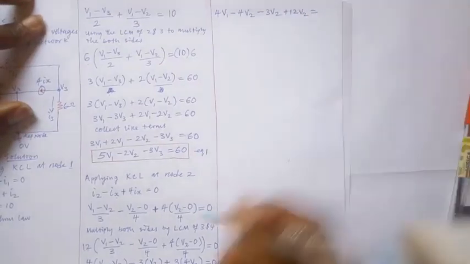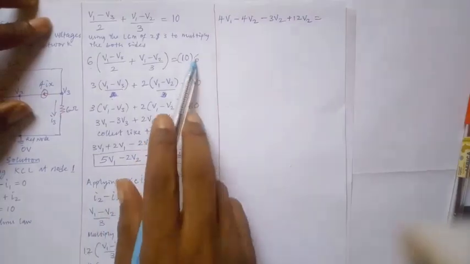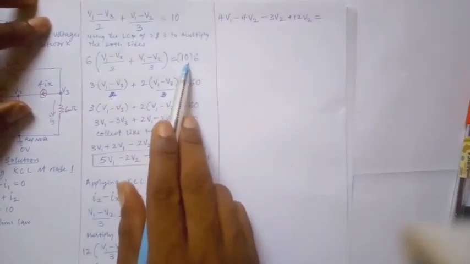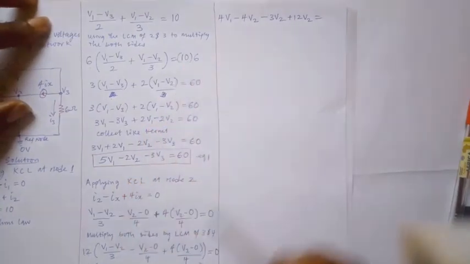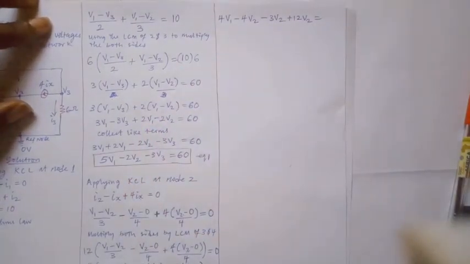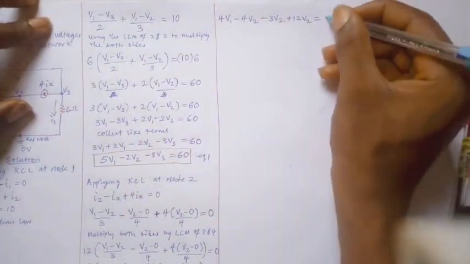And you know, the way we did this, we multiplied 6 times 10. This is the LCM that we got earlier. We use it to multiply this. But if we use this 12 to multiply 0, it will give us also 0. But should I write it? No need. So that will be 0. Okay, it will be 0.